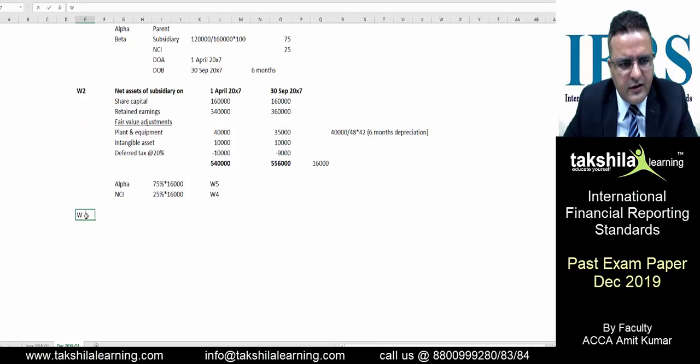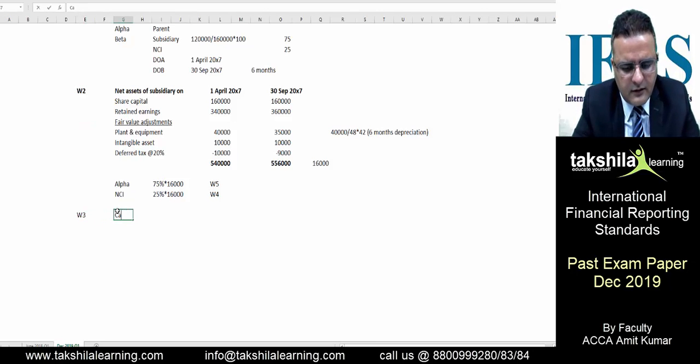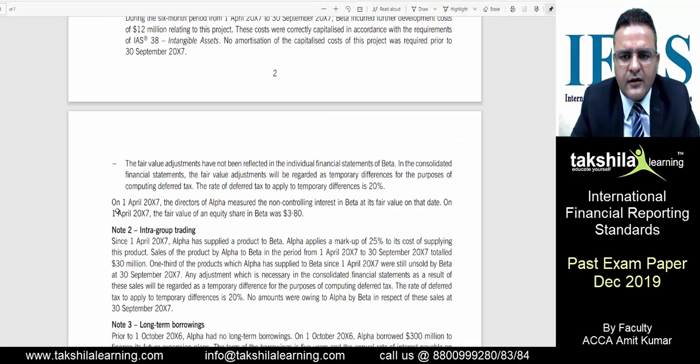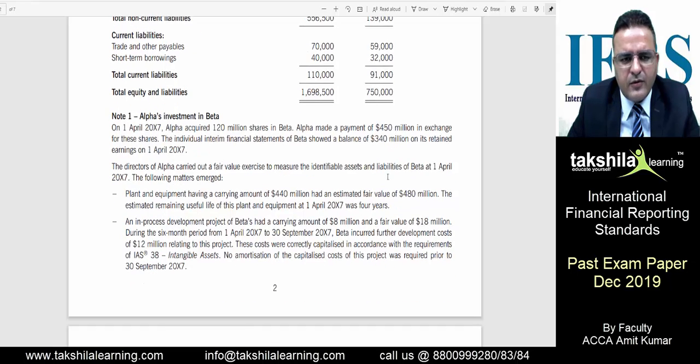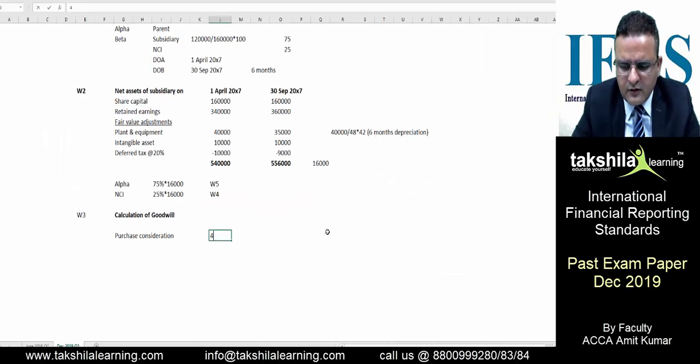Next is working note number 3, calculation of goodwill, in which we'll need purchase consideration. Purchase consideration is given to us as 4,50,000 was the payment made.